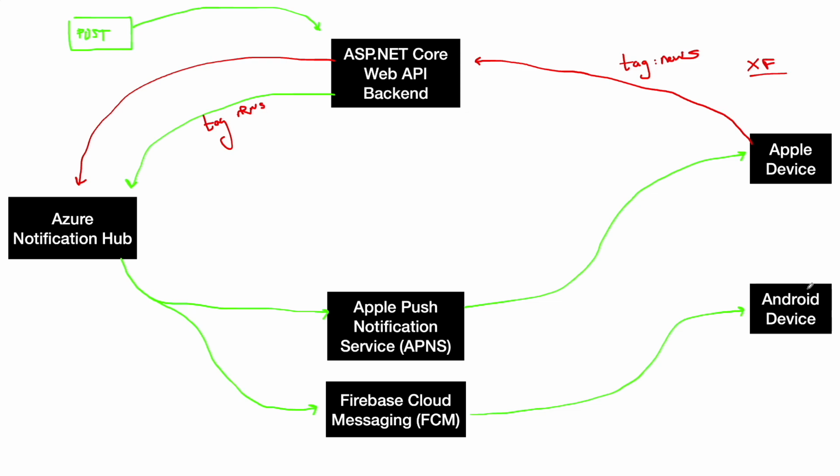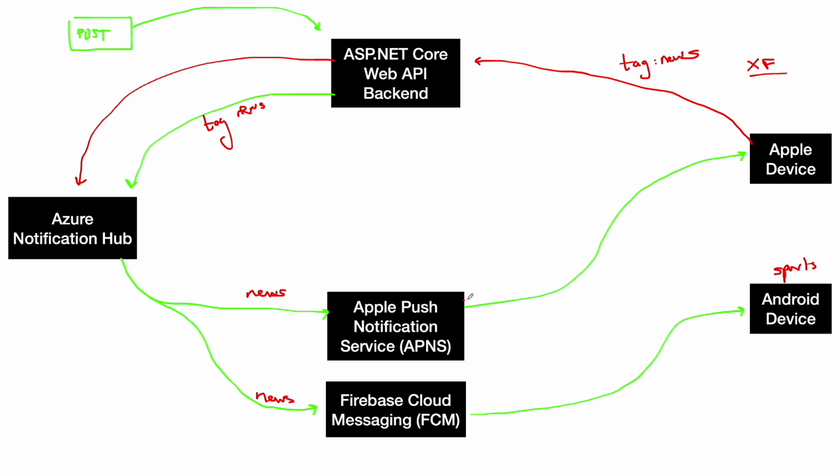And we're assuming the Android device, for example, isn't registered for news, say it's only registered for sports. And so when this notification is sent, only those with the tag will receive it. So we'll have news here, and we'll have news here.